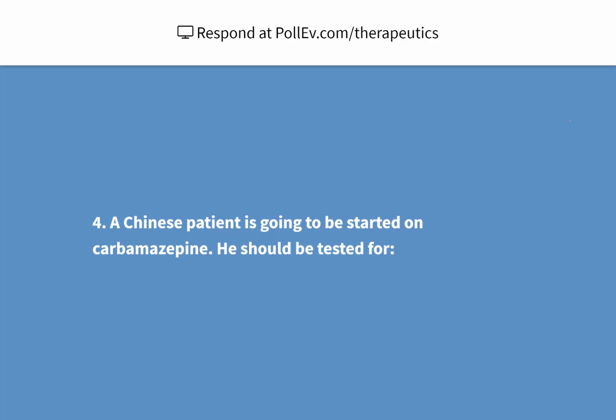A Chinese patient. The reason I put Chinese is because I mentioned that carbamazepine, this problem is like allopurinol. Carbamazepine and allopurinol, if the South Asian people like Chinese, Korean, people from Indonesia, Malaysia, they have this problem. So that's why I mentioned a Chinese patient is going to be started on carbamazepine.